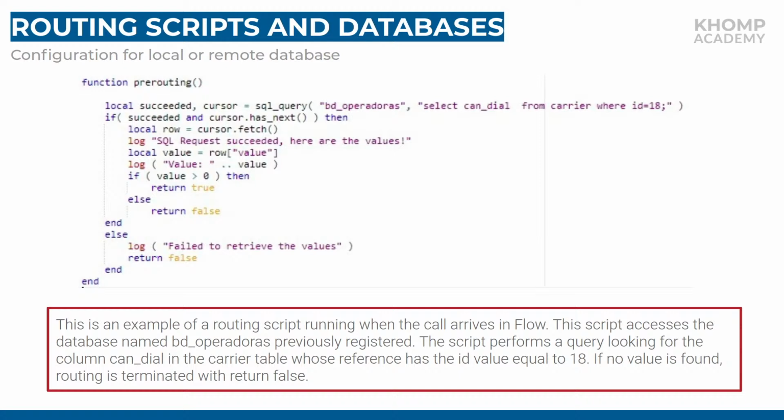You can do more complex routing scripts and faster routing scripts, because this is not going to be analyzing, this is going to do a query to a database, and if the database is in good health, the database is going to answer faster than a web service.